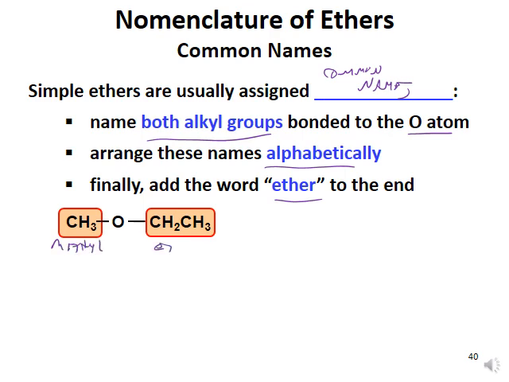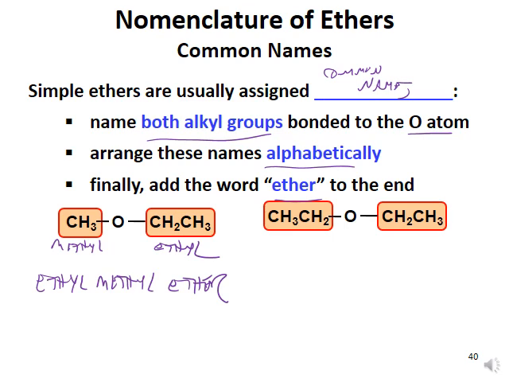This is an ethyl. So it's ethyl methyl ether. Goodness gracious, can't get any easier than that, right? This is an ethyl, and this is an ethyl. So we'll call this diethyl ether.